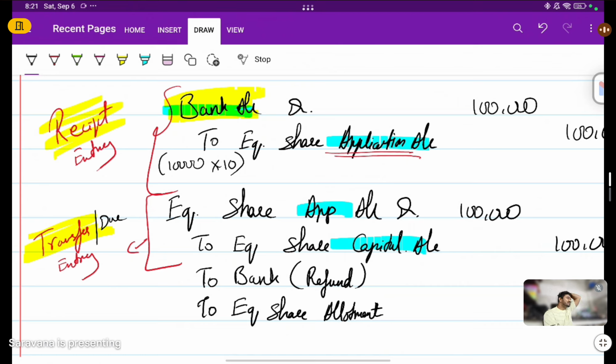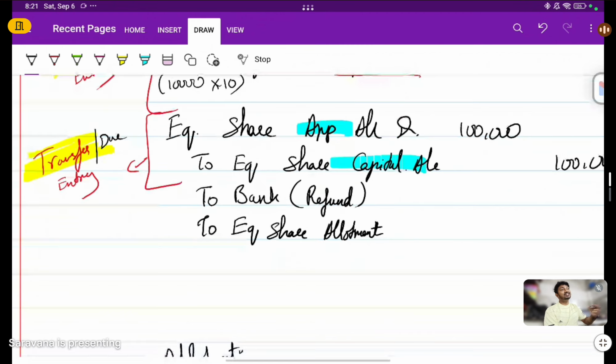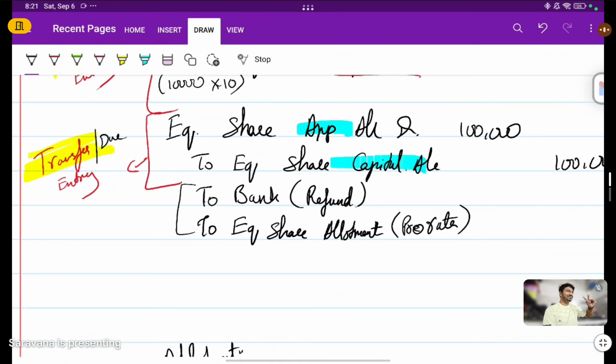When do refund cases come? In the case of oversubscription. When does to equity share allotment come? On a pro rata basis. When there is pro rata, and in the third option, both come: refund will be there and pro rata will also be there.